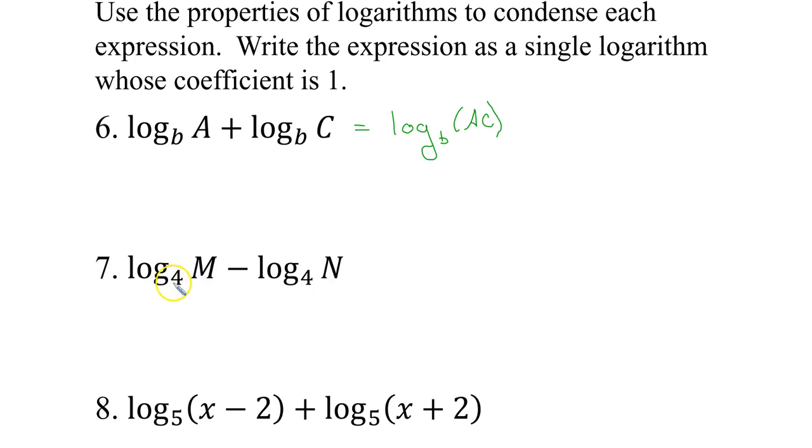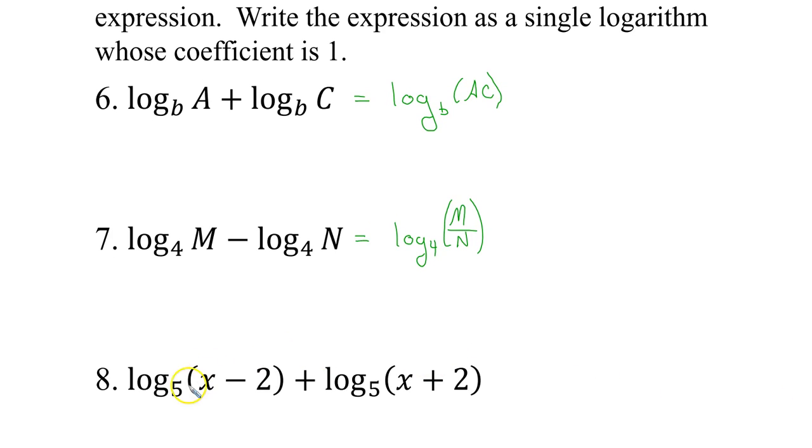Number 7, we have log base 4 of m minus log base 4 of n. So this is going to become log base 4 of the quotient. M was the first expression, divided by n, our second expression. Does not hurt to put that in parentheses. Number 8 down here, we have the log base 5 of an expression plus the log base 5 of a different expression.